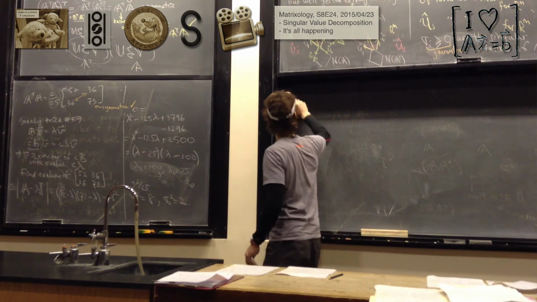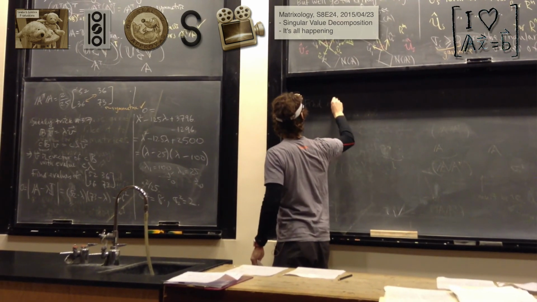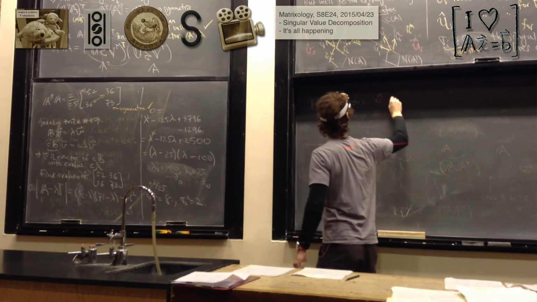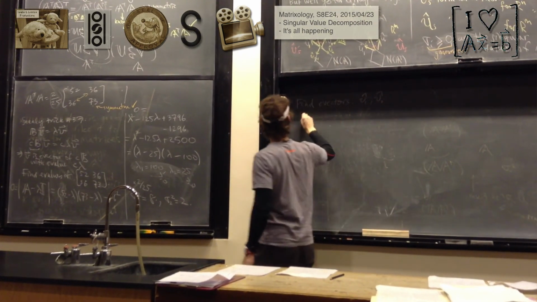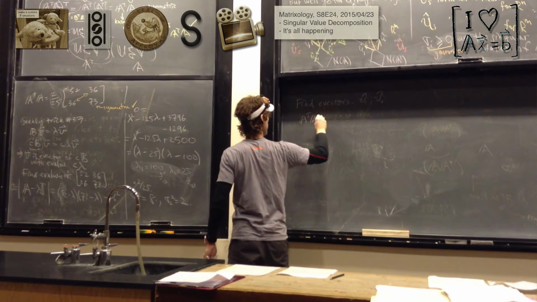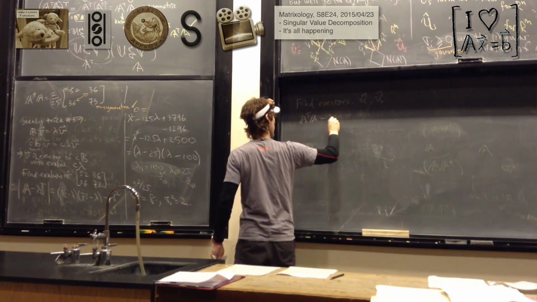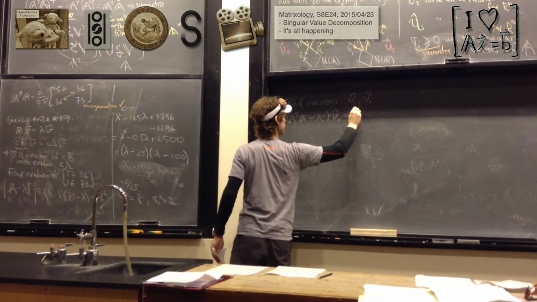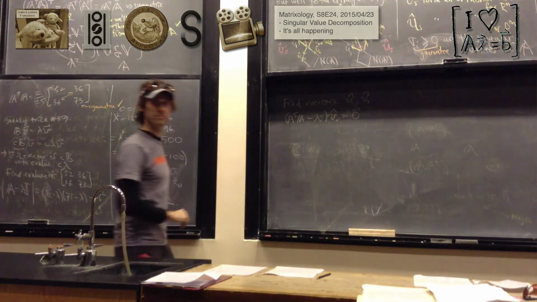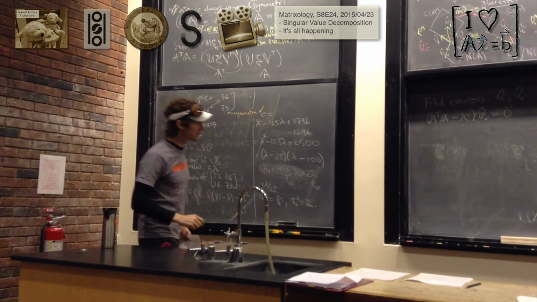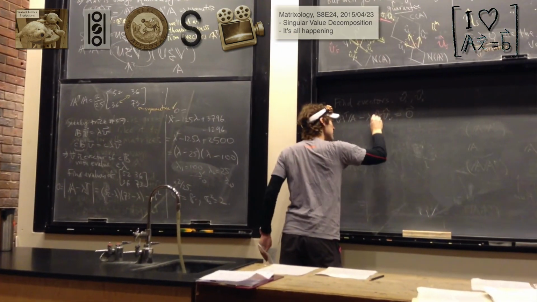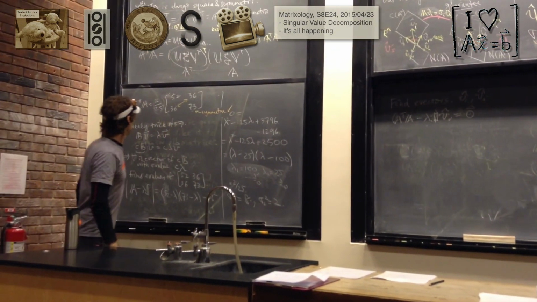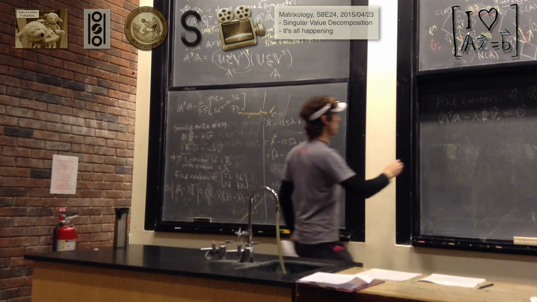Now we have to find the eigenvectors, and these will be v1 and v2. Again, it's going to be A transpose A, this kind of stuff, minus lambda I times vi equals 0. You guys have done these things. So there's an I in there, the identity matrix. Okay, let's do this one.